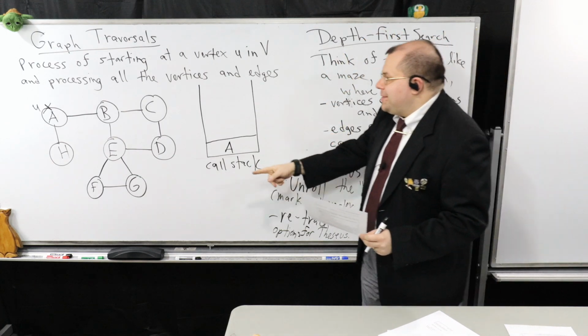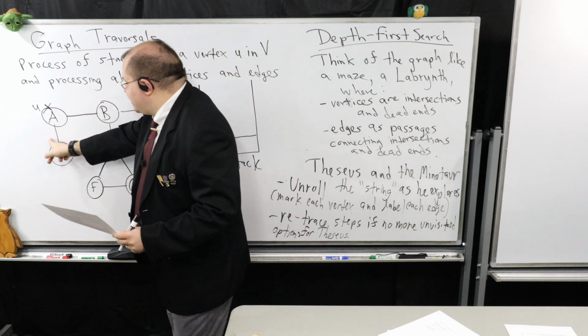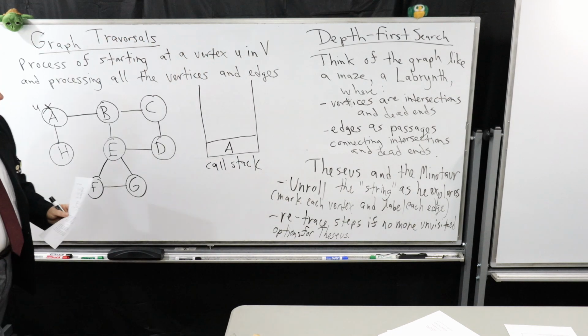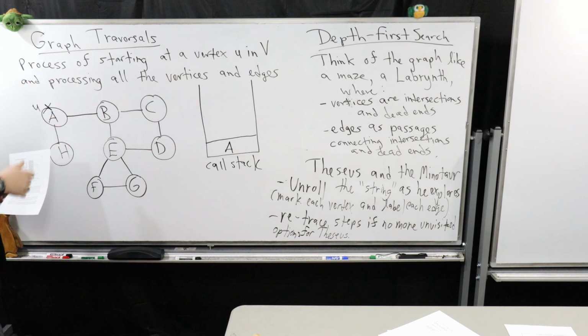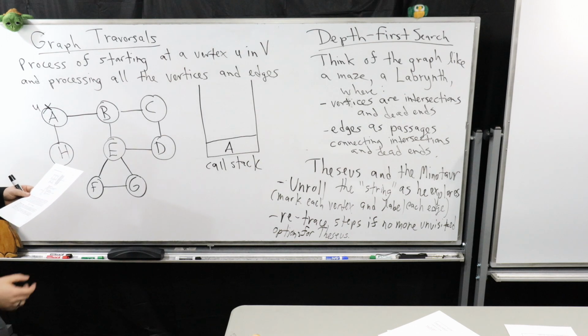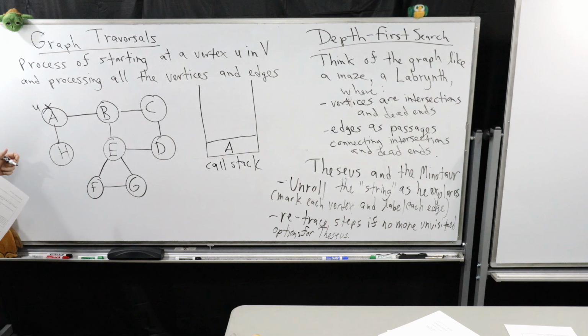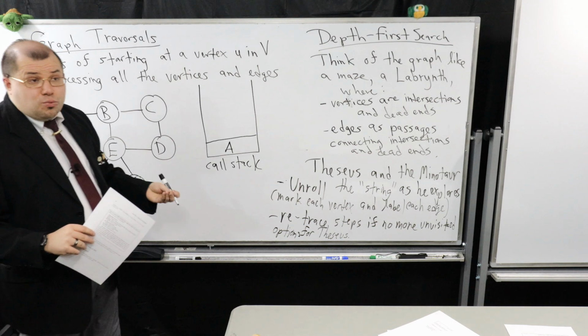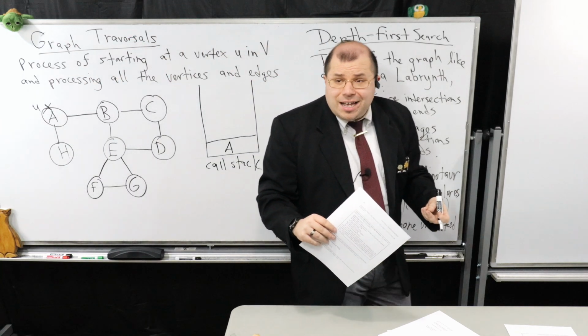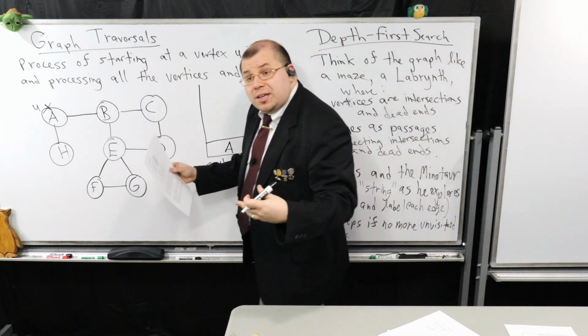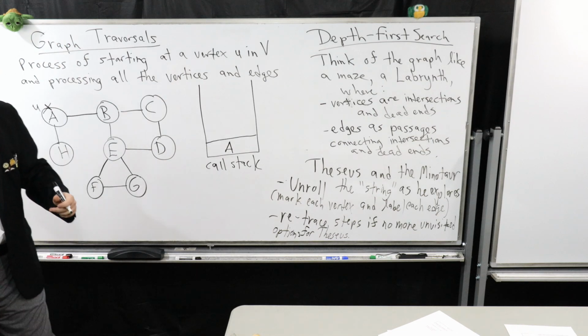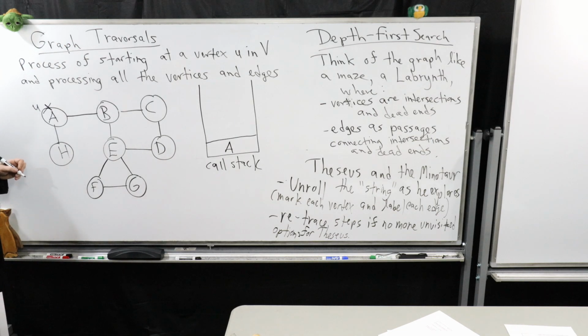So remember, that means I'm going to examine this edge, I'm going to examine this edge, and each of these has another endpoint that I may not have visited yet. For the purposes of our algorithm, it doesn't matter in which order you examine the edges. What matters is if we visited or labeled it.